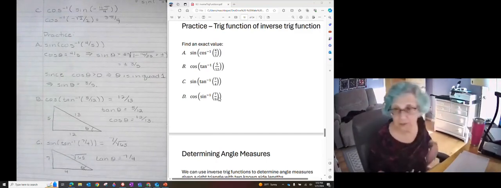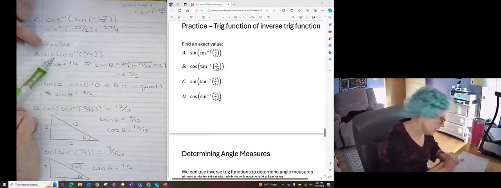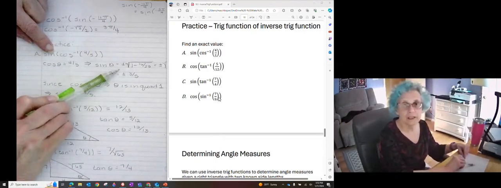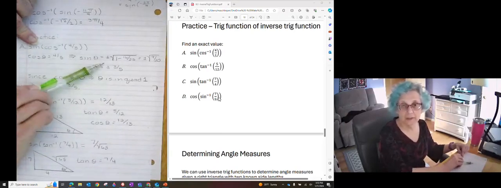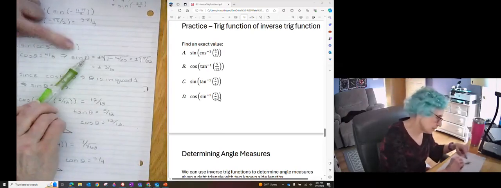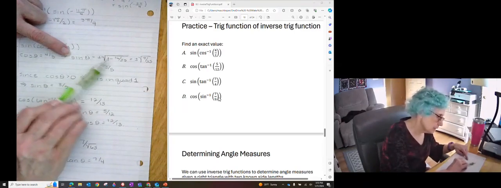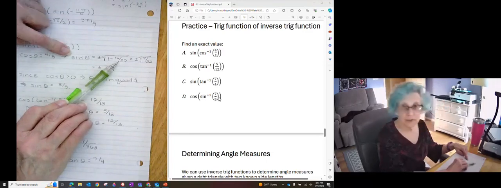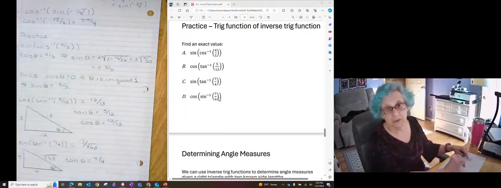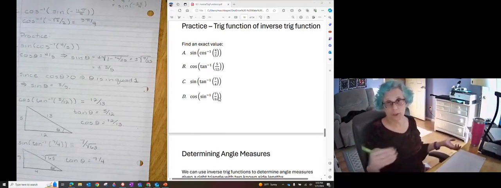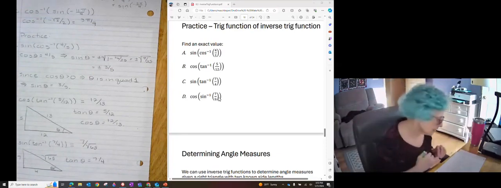But we'll start with part A. We had sine of inverse cosine of 4 over 5. So we just did the Pythagorean theorem. And then we thought about the fact that if sine squared is equal to 1 minus 16 over 25, then sine is equal to plus or minus, and we had to think about what quadrant we were in, which we kind of glossed over during that first example.